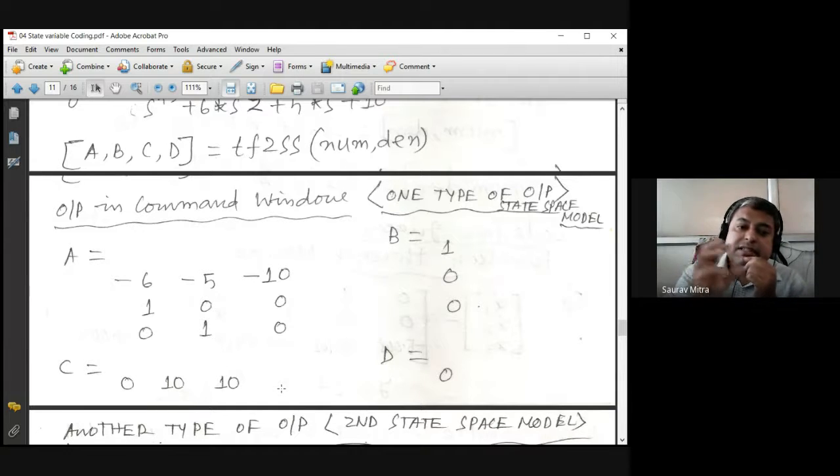Converting this ABCD into another set is possible because the representation is infinite; the same transfer function can have infinitely many ABCD matrices, depending on the similarity transform. It is not in your syllabus, but keep it in mind, in future we will see that. By similarity transform, you can find A1, B1, C1, D1 representing the same system.